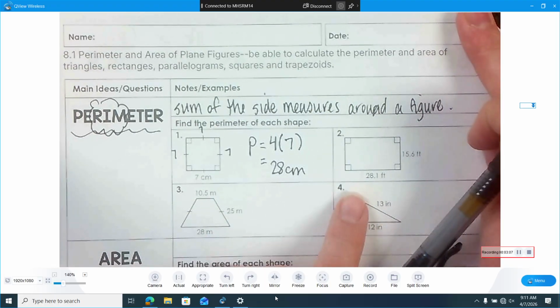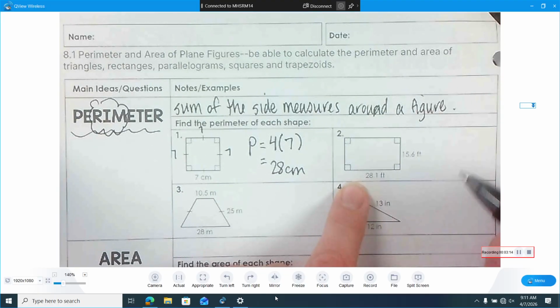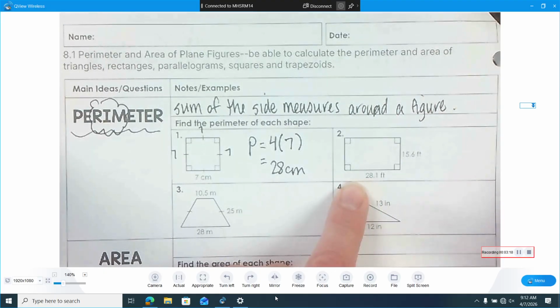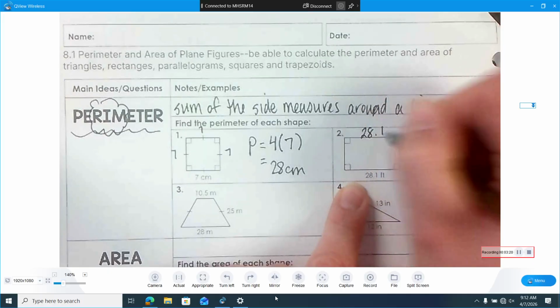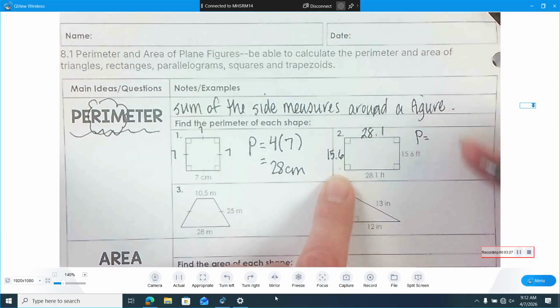What does figure 2 look like? A rectangle. And if it's a rectangle, what is the measure of the top of this rectangle? 28.1. Very good. And what about this left side? 15.6. Very good. So then how do we figure out the perimeter?